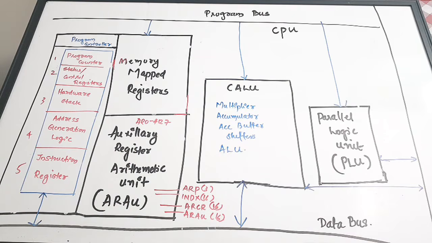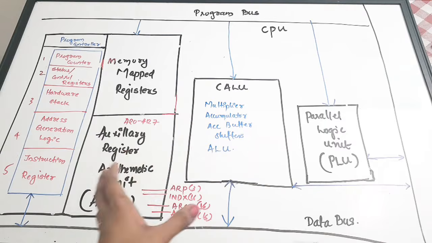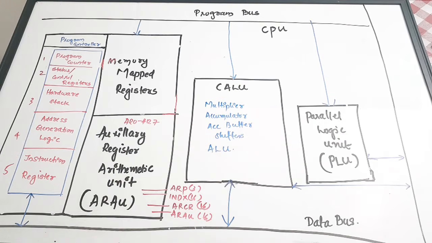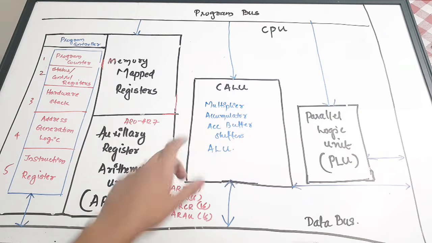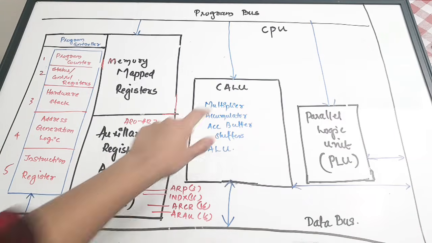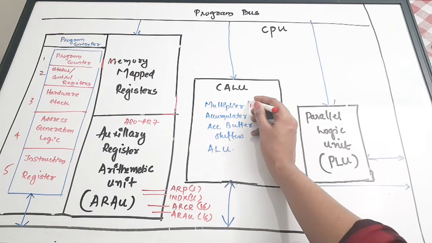Now moving on to the next part of the CPU, CALU, which is Central Arithmetic and Logical Unit. The various elements present in the CALU are written inside. There is a 16 by 16 multiplier.